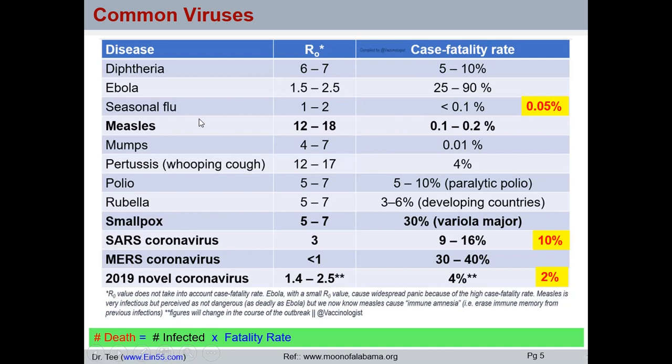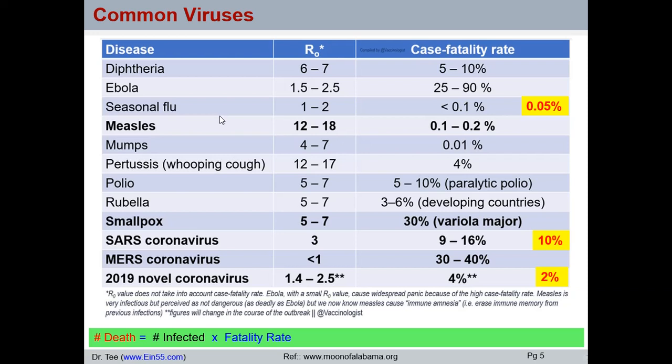Flu looks very mild, but people may not know that although the fatality rate is only 0.05% of infected patients, which is a very low rate, because flu affects a lot of people, there could be tens of thousands of people dying every year globally.